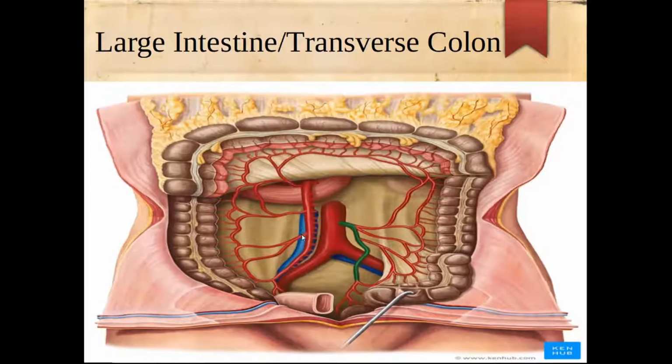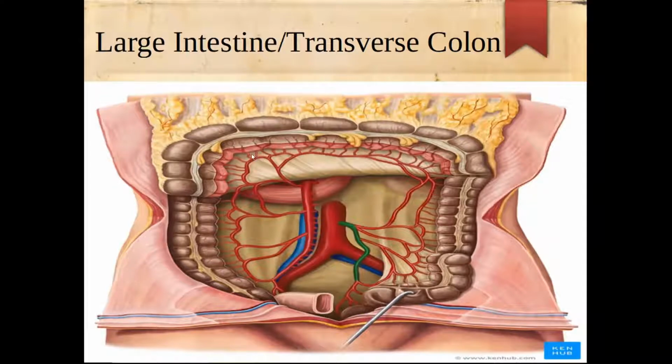As we discussed earlier, branches of the superior mesenteric artery supply the cecum and ascending colon: the ileocolic artery and the right colic artery with its ascending and descending branches. Here there is also the middle colic artery, which gives a right branch and a left branch. It comes from the superior mesenteric artery and is responsible for the blood supply of the transverse colon.